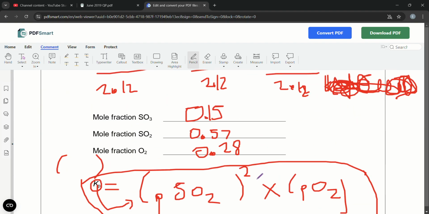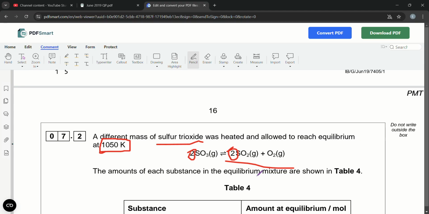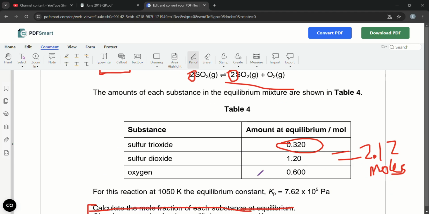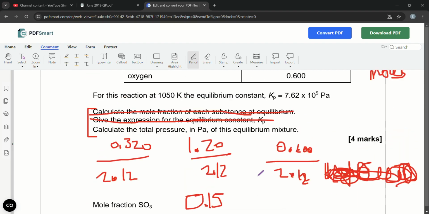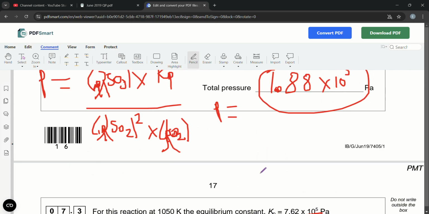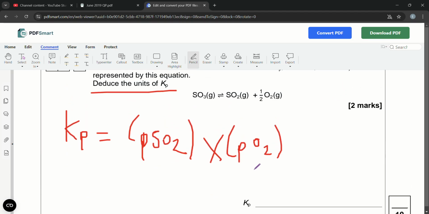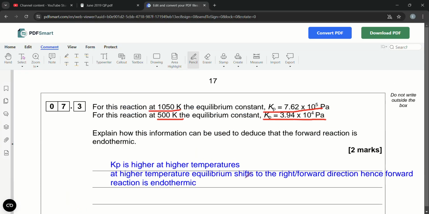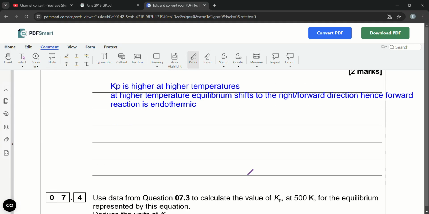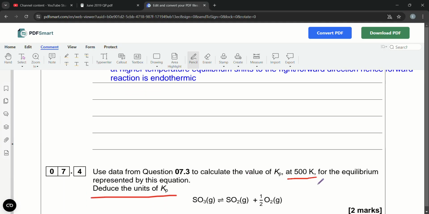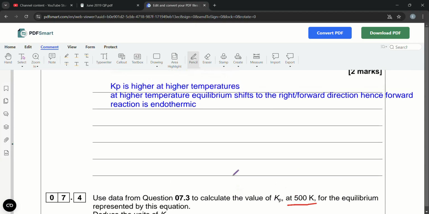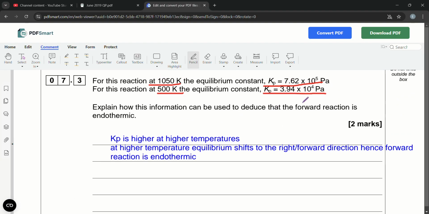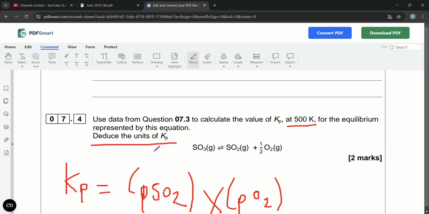What can we notice from these reactions? We know it's at 500 Kelvin, and we know Kp at 500 Kelvin is 3.94 times 10 to the power 4.